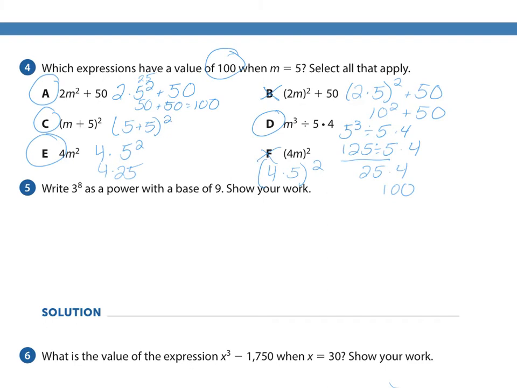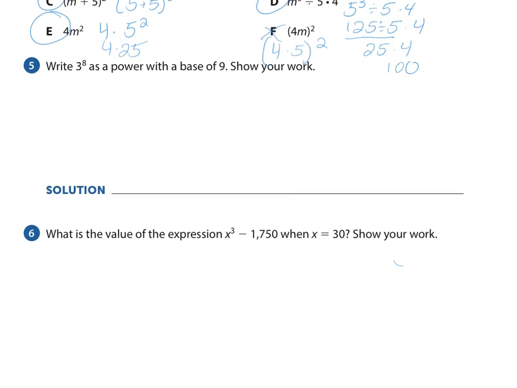Okay, question number 5. Write 3 to the 8th as a power with a base of 9. So right now my base is 3, my power is 8. I want you to try this one if you haven't done it yet, but I'm not so worried about understanding it as much or seeing a repeat of this problem. But to try this, I'm going to write out my 8 threes. 5, 6, 7, 8.